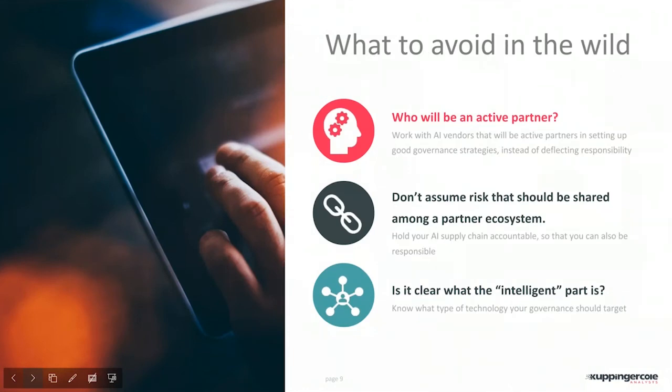AI governance is still the Wild West. And although these recommendations are very rosy in painting the scene with fully cooperating stakeholders accepting all appropriate responsibility, this is not the norm yet. It is highly likely that you as a company developing or procuring AI capabilities will encounter other stakeholders that deflect responsibility.